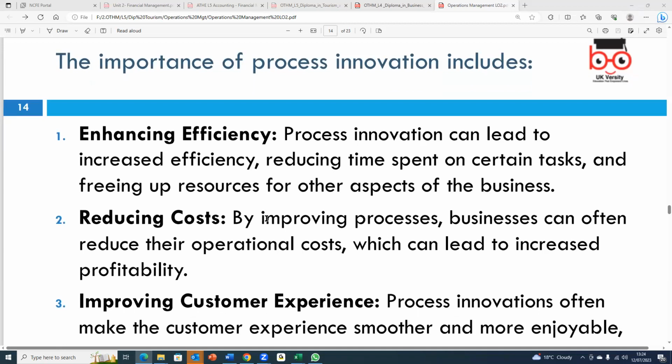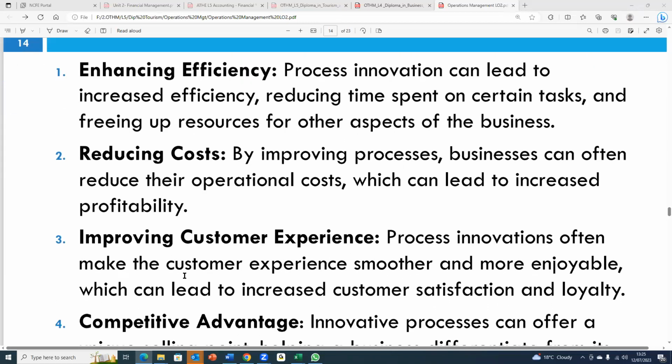Okay, we want to make sure that the system reduces cost by improving these processes. So businesses can reduce operational costs, because you've got new methods of working that increase efficiency, making sure that your profit never falls, or increases all the time, because you are using time efficiently, efficient resources, and the newest technology, so the customer is happy.